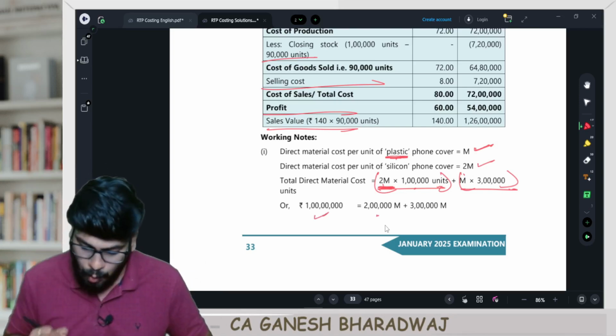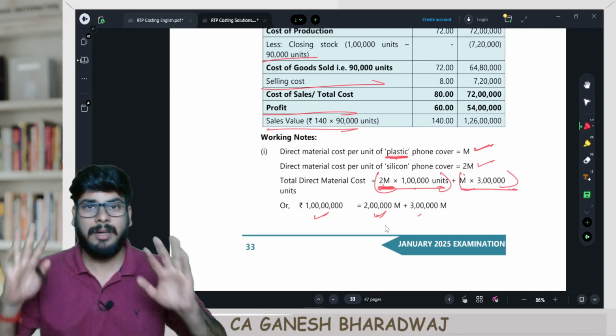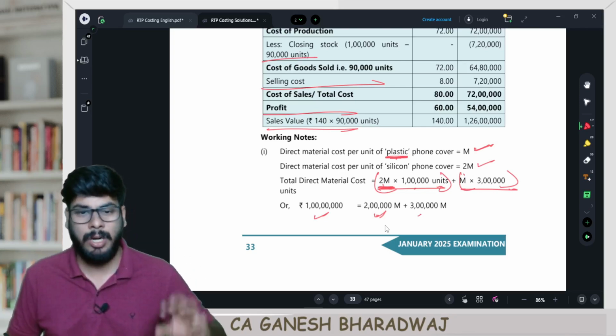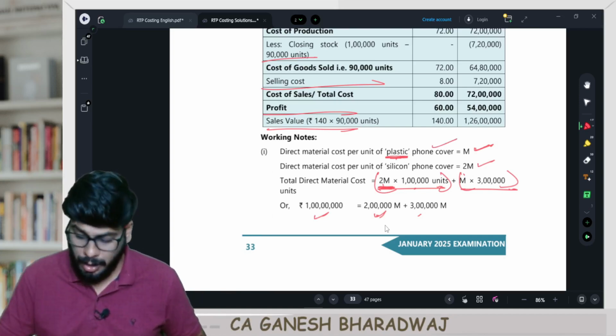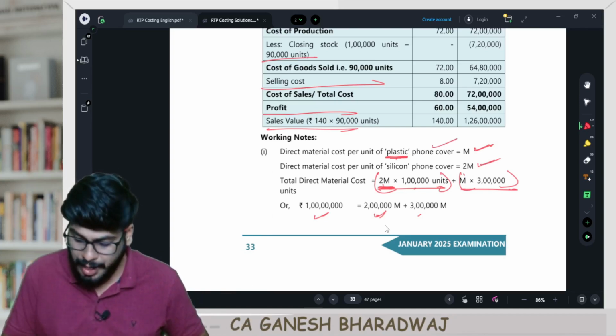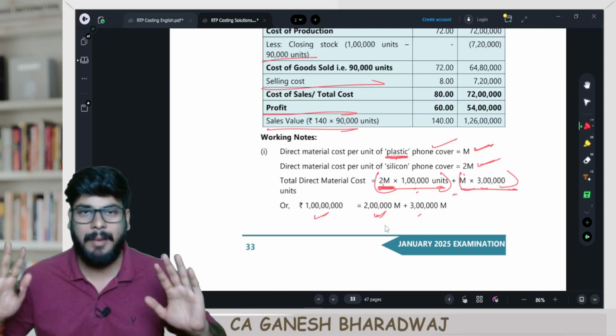So 1 crore is equal to 2 lakh M plus 3 lakh M. 2 lakh M is the total material cost for silicon phone covers, 2M into 1 lakh, and 3 lakh M is for plastic, 3 lakh into M. Are you clear with this?